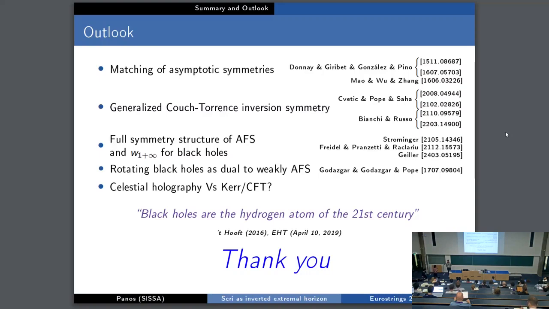Thank you. I have two questions. One is a follow-up to the first one. About the fact of what it means that these Aretakis charges are related to these Newman-Penrose charges, because the Aretakis ones are usually associated to an instability of the extremal horizon. Can you say a little bit more about what it means? How are you interpreting that these two things are related?